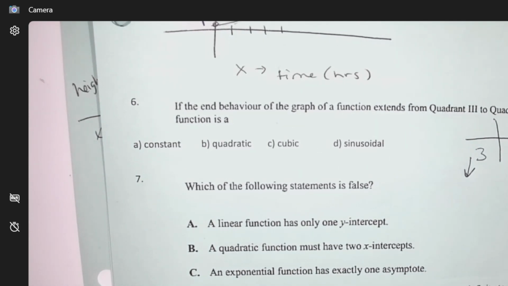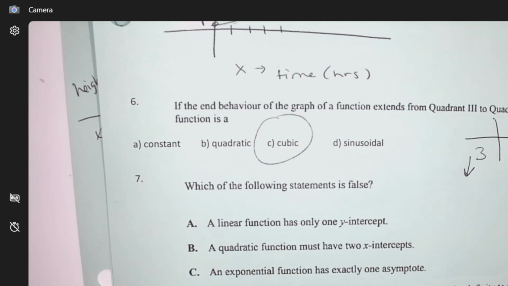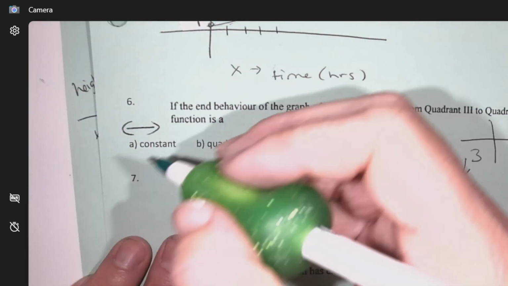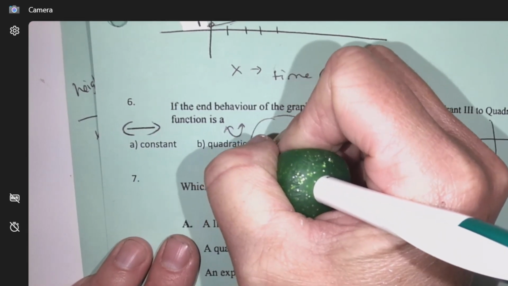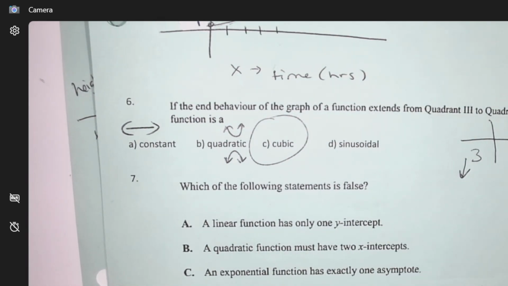What kind of graph would you pick that could do that with arrows? A, B, C, or D? It's a multiple choice question. C, cubic. Okay? Constant is something that stays flat, quadratic, doesn't go opposite. Sinusoidal, you don't even know what that is yet, but you will. So that's the only answer.